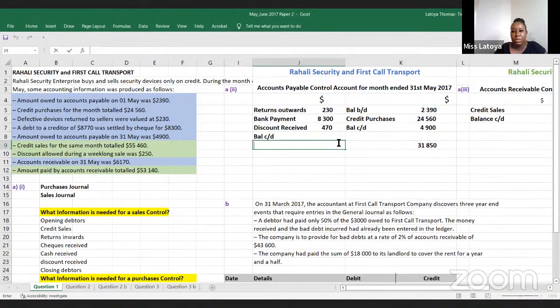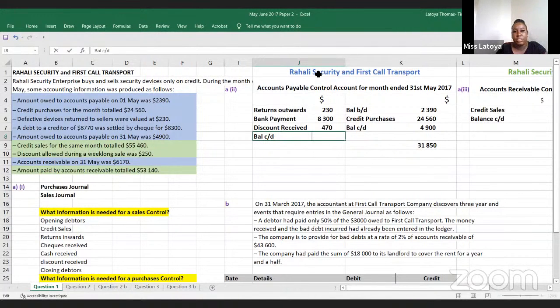Okay. So we need to subtract that figure. What is the balance on the debit side? We need to subtract this figure from 31,850 to get our balance carried down. Let's calculate it so they can see.